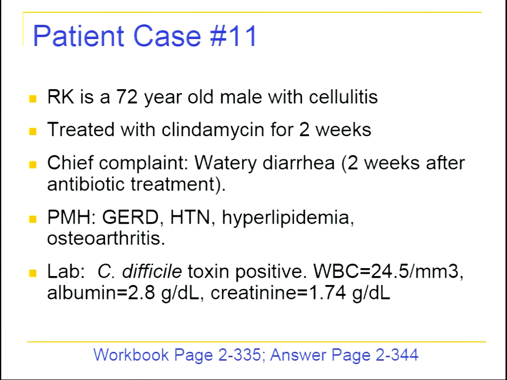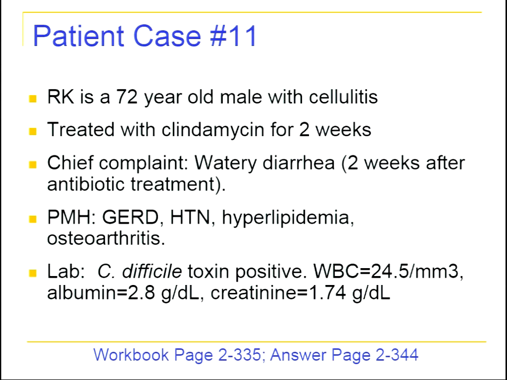So moving on then, I want to go to patient case number 11. This is RK. RK is a 72-year-old male who originally presented to the emergency department with redness and swelling of his upper right extremity. He was diagnosed with cellulitis. He was treated with clindamycin for 2 weeks.